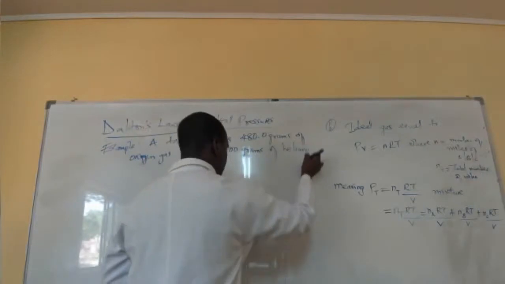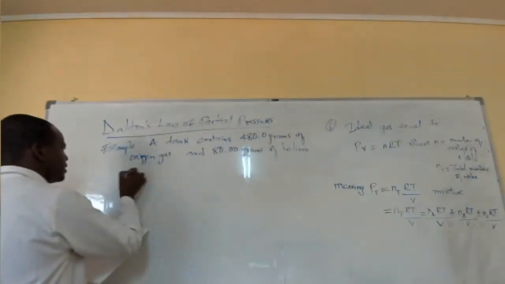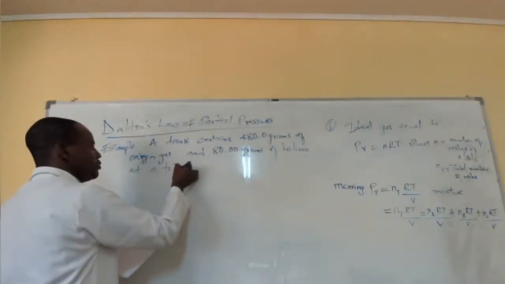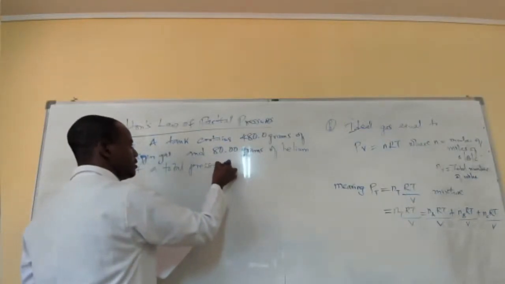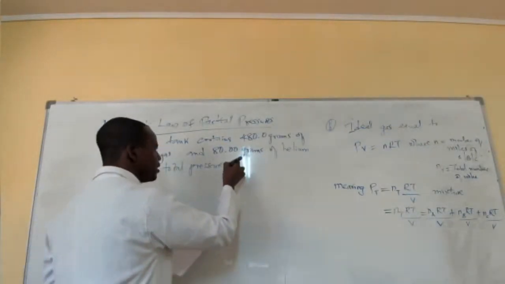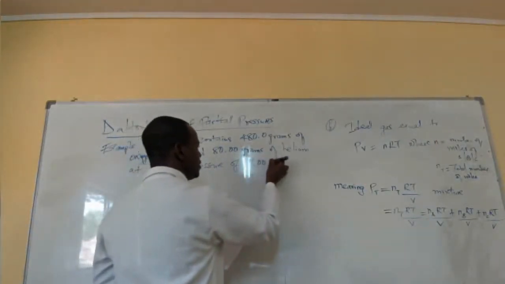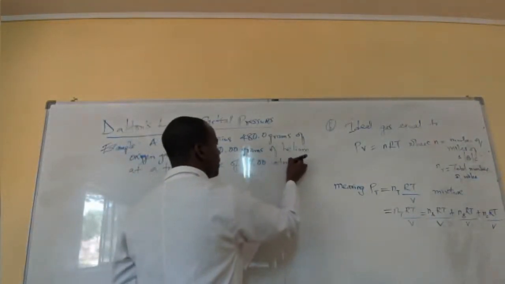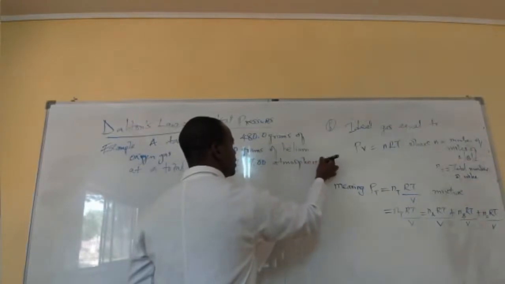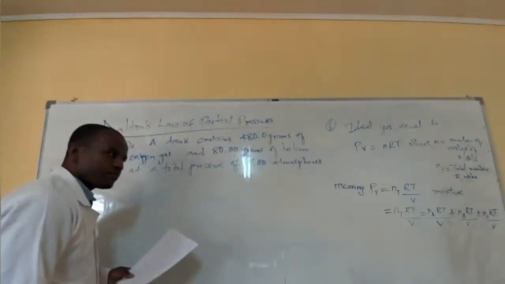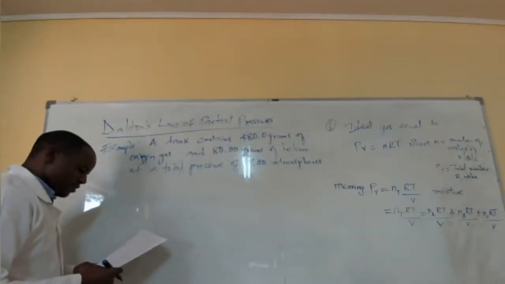So a tank contains a total pressure of 7.00 atmospheres.